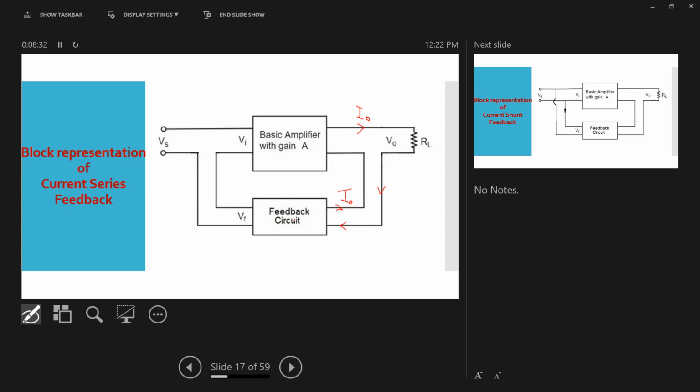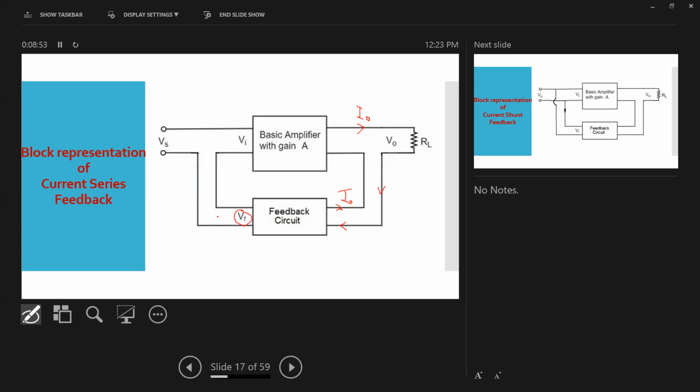What is the value of the output current? What is the shape of your output current? That will be taken as feedback in your feedback circuit. Now, what will your feedback circuit do? The feedback circuit will generate the voltage VF. Understand one more thing here: VF is a voltage.